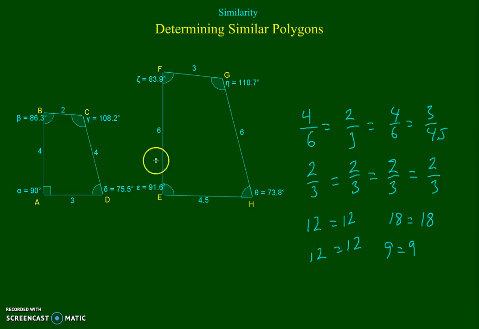But in the case of multi-sided polygons beyond 3, we have to verify the corresponding angles are congruent, and all corresponding sides are proportional. So hopefully this gives you a clearer idea of what's necessary to show that two polygons are in fact similar. Let's go ahead and move on to the next section.